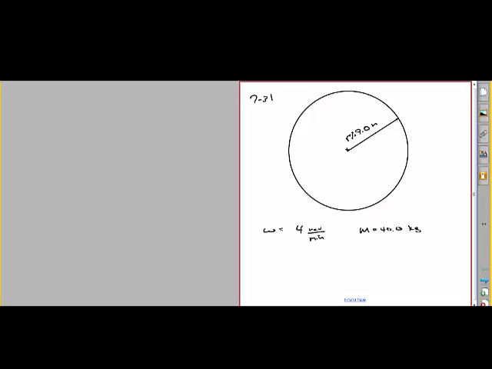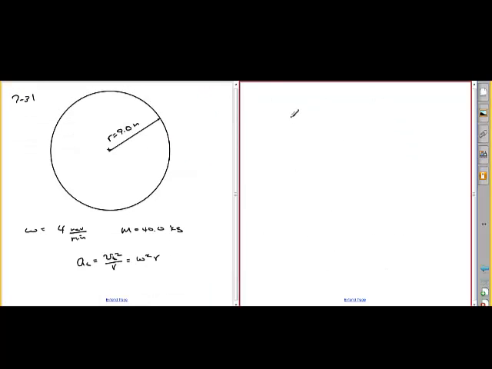What is the centripetal acceleration of the child? Well, again, we have 2 forms of centripetal acceleration. There's that, and there's that. Because we're given omega, it's probably easiest to do that form, but we do need to convert omega. 4 revolutions per minute, and we need minutes per second to cancel those out to get seconds, and then we need radians per revolution. Those cancel out.